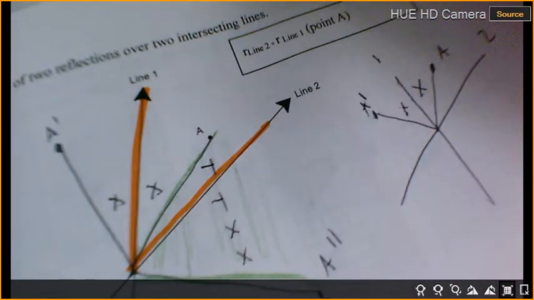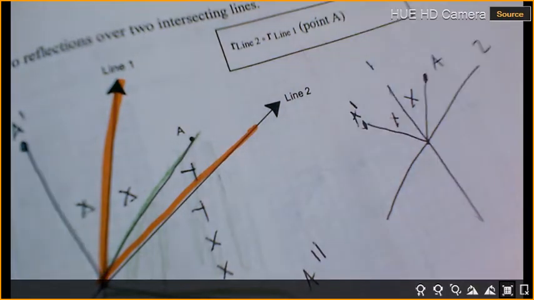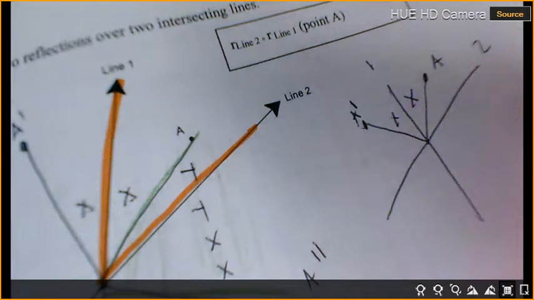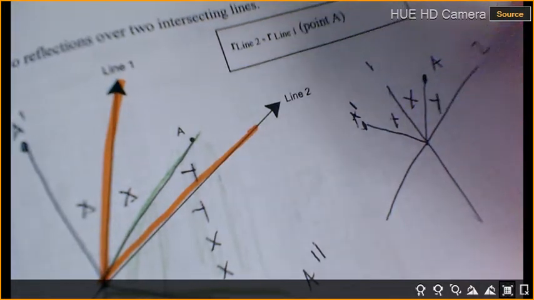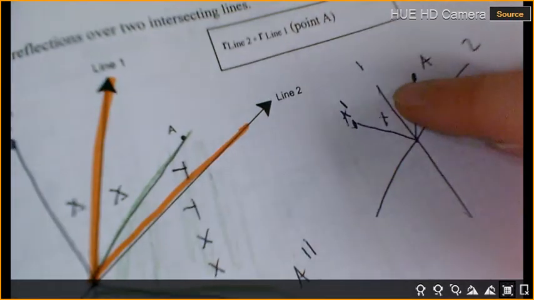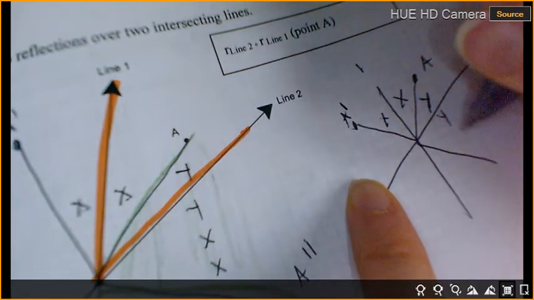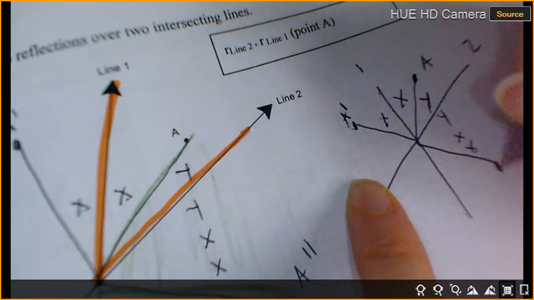So far, so good? Okay, A to line 2 has to be a different distance. It can't be X, so I'm going to make it Y. Now, see everything on this side of line 2? That Y, X, X? I have to make it on the other side. Y, X, X, and that's A double prime.